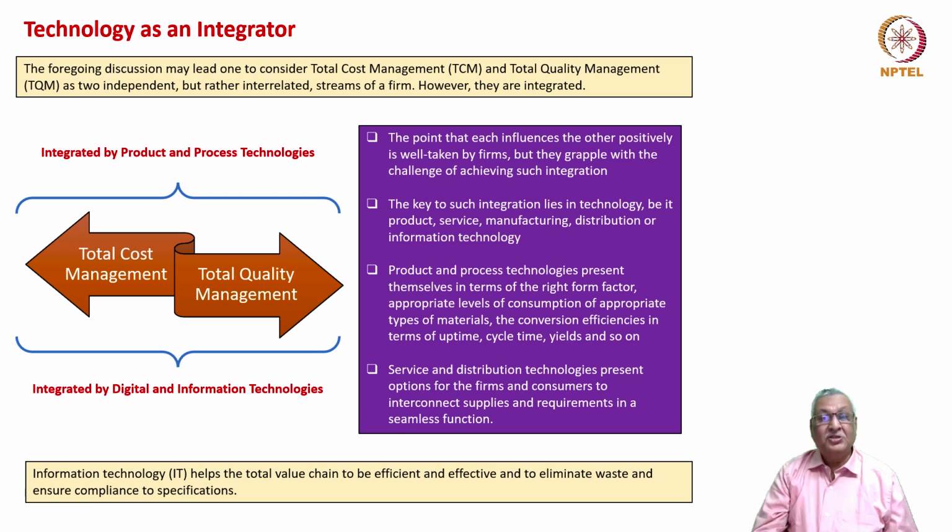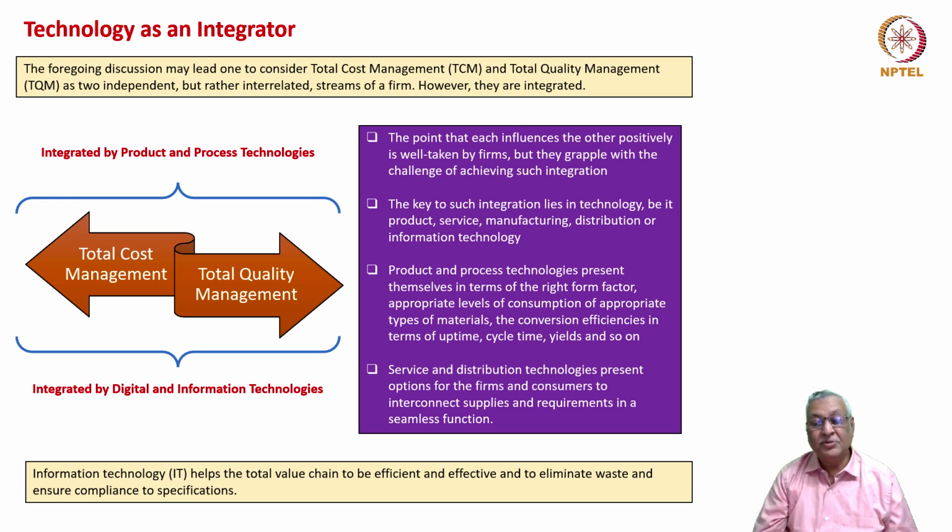With the strides that are getting taken in digital and information technologies, technology is going to play an even bigger role in integrating both of these things, because the data and the feedback that arise from a particular operation or a particular delivery is going to throw up several nuggets of information that are useful for reducing costs and increasing quality. Information technology makes the total value chain of the firm efficient and effective.